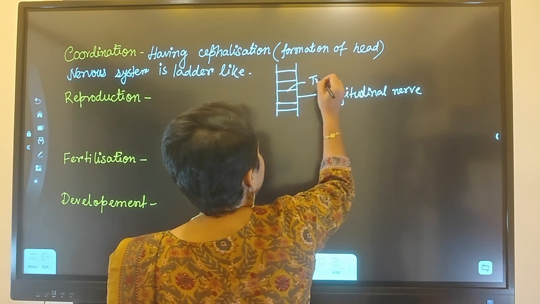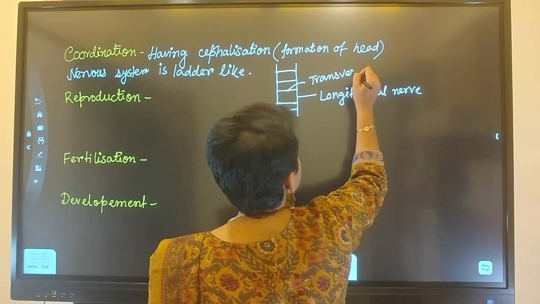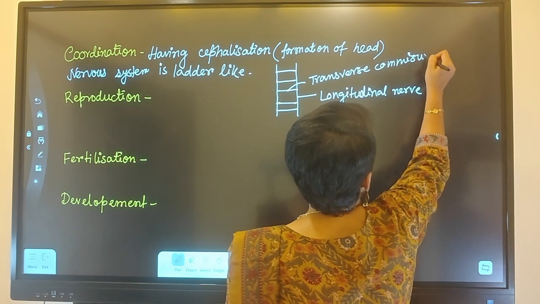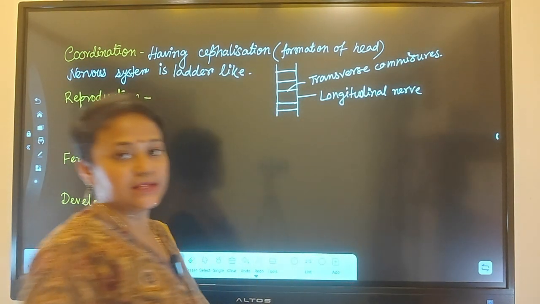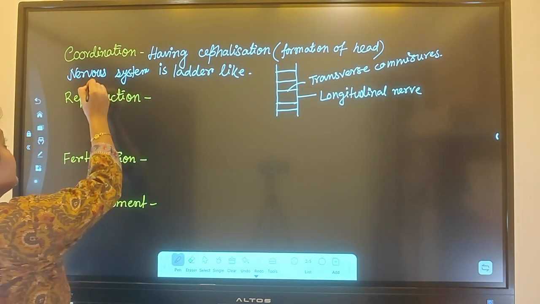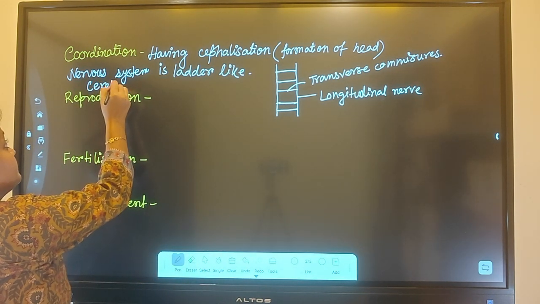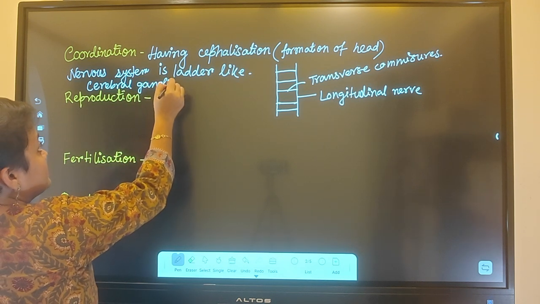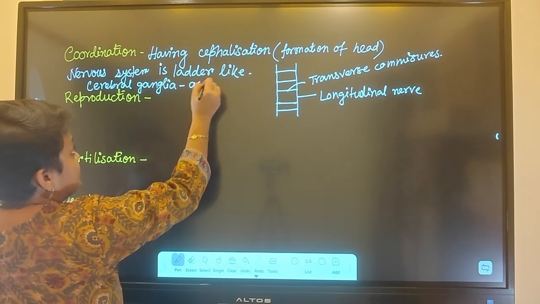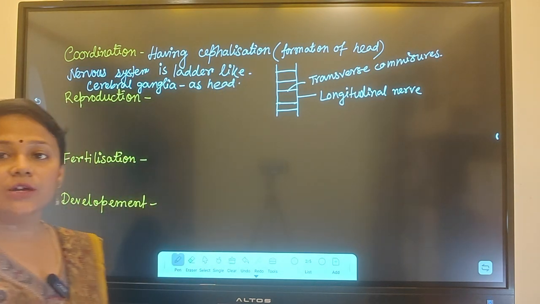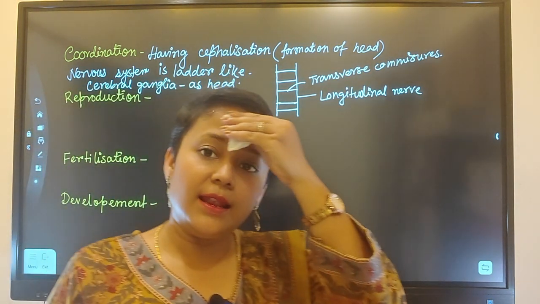And the head is present. The head is also called cerebral ganglia. So I'll write cerebral ganglia as head. Remember that the nervous system here is ladder like.